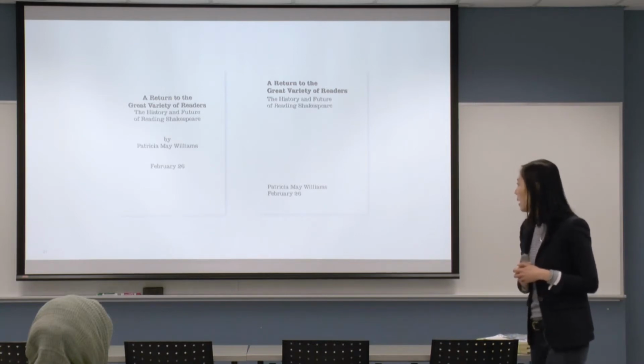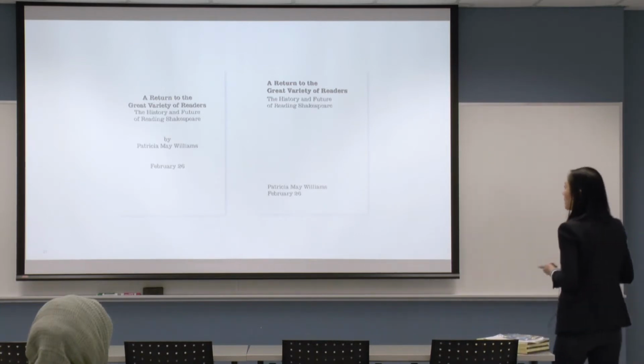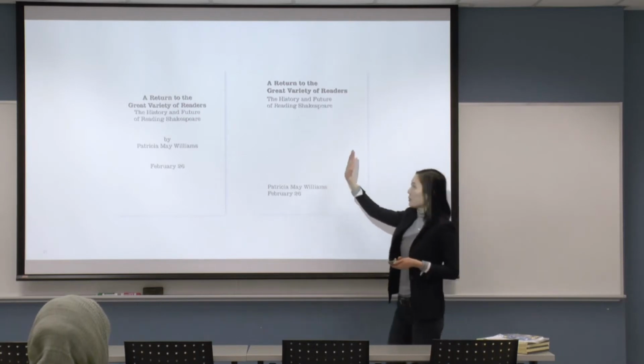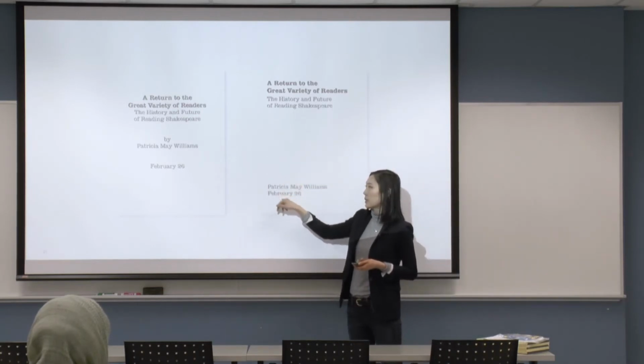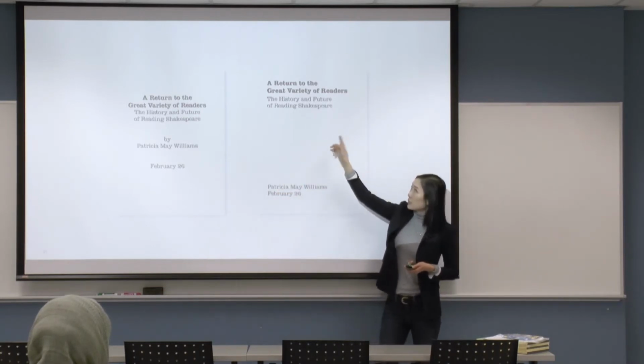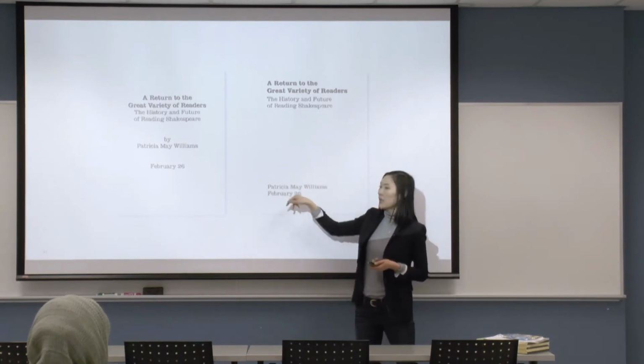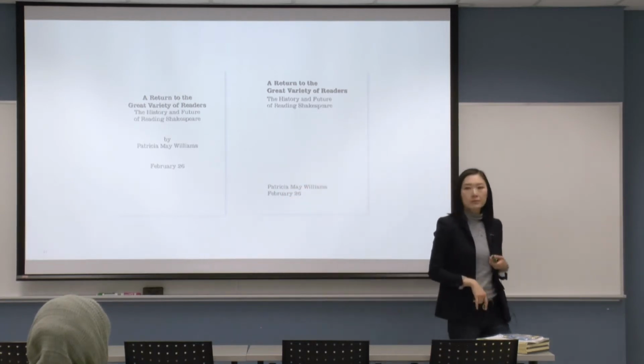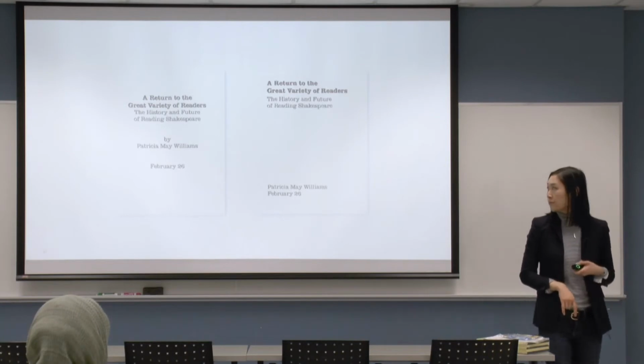Okay, and of course, we're using alignment, but we're also using proximity, right? So that's the title of my paper, this is my name and the date, depending on how they're related.